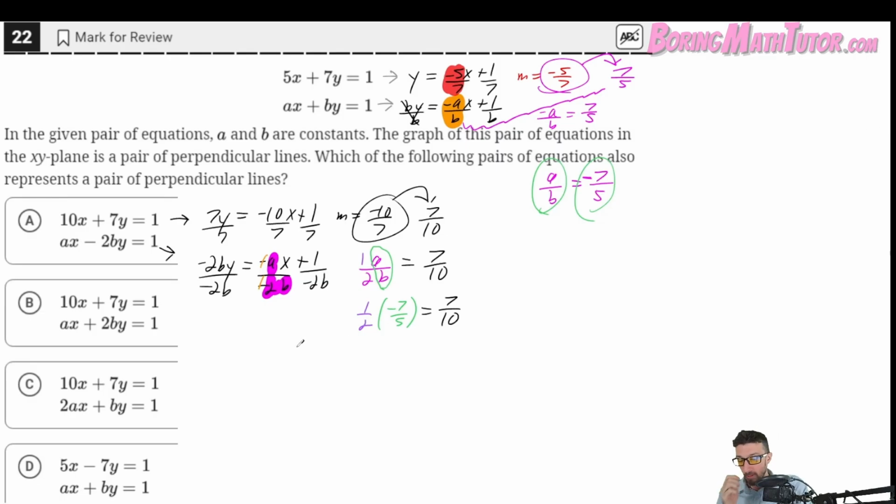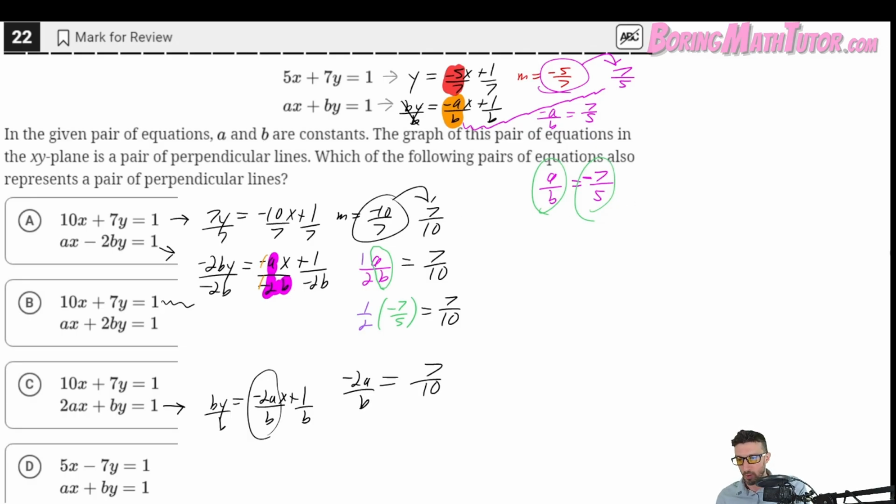So that's not working. Now, they're using the exact same equation for both b and c as they did for a. So that must mean I'm still going to want to get to a 7 over 10 slope for this one. So I want to solve this one for y. I get by equals negative 2ax plus 1. I divide everything by b. And now I just want to make sure that this slope, negative 2a over b, does come out to the 7 over 10, just like before.